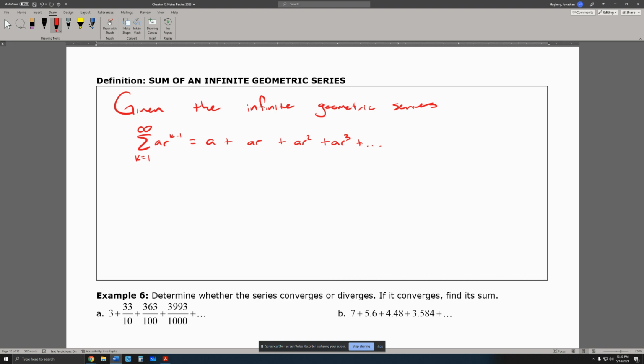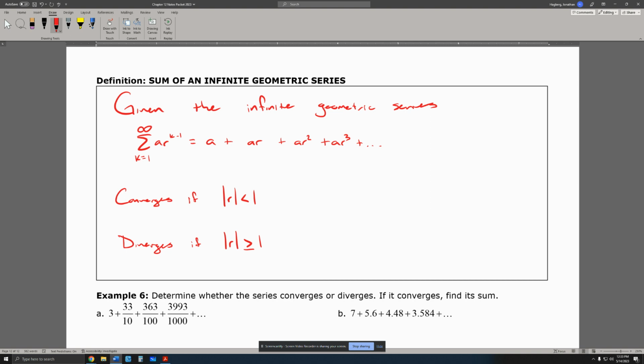The sum of this infinite geometric series converges if the absolute value of r is less than 1, and then it diverges if the absolute value of r is greater than or equal to 1.